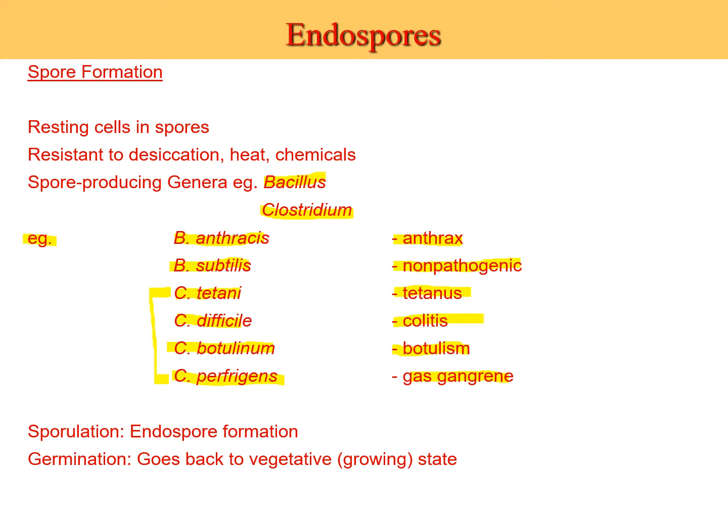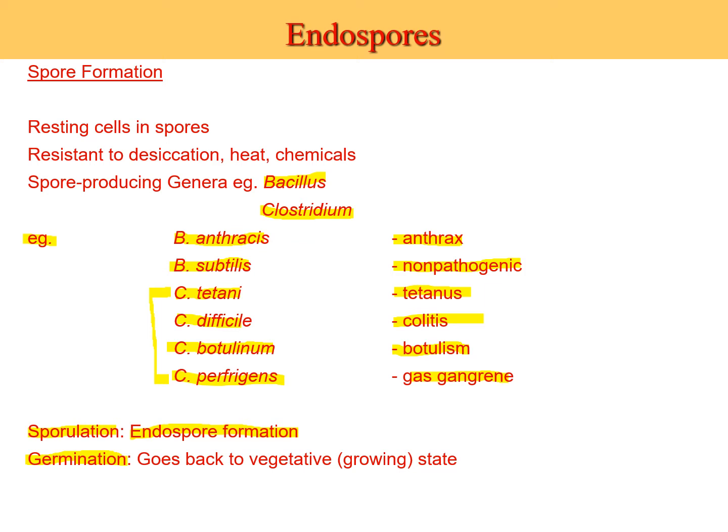Okay, so sporulation is the process of endospore formation, and germination is when they go back to a vegetative state, actually growing. Germination is usually used, maybe you're more familiar with it when you're talking about plant seeds. You plant them in the ground and they germinate, the plant grows.